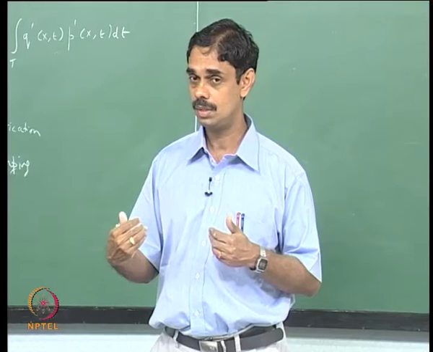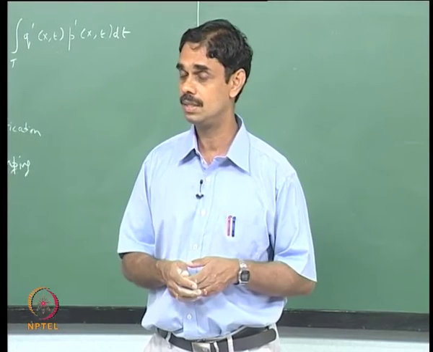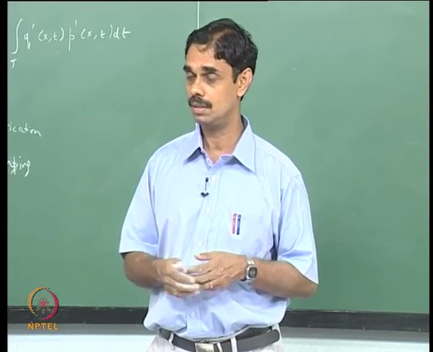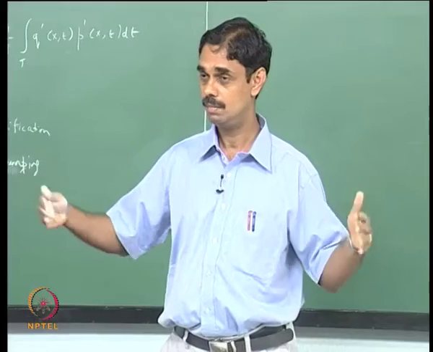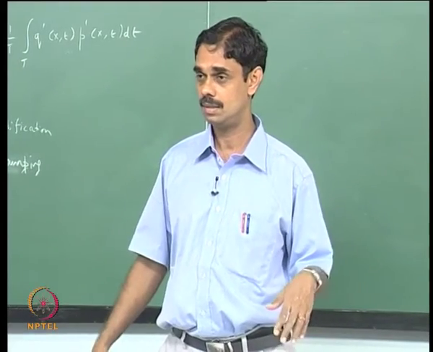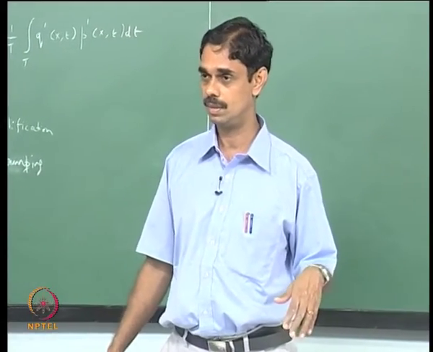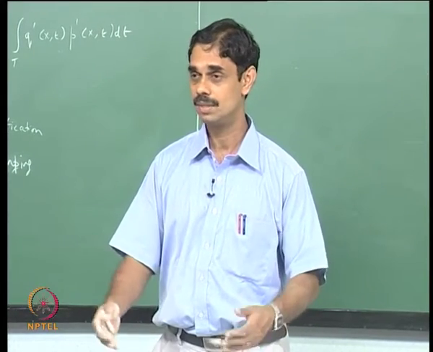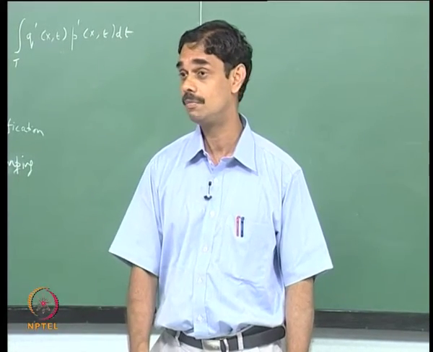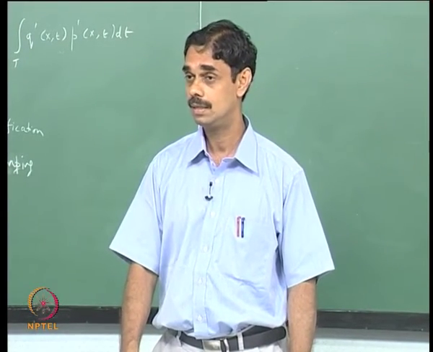It is not necessary that you have 90 degrees, except in the case of perfect terminations, like completely open or completely closed. Is that clear? So this is the local acoustics which decides the phase between heat release and the velocity.